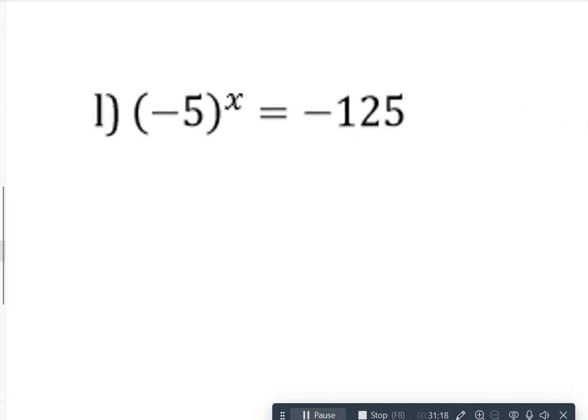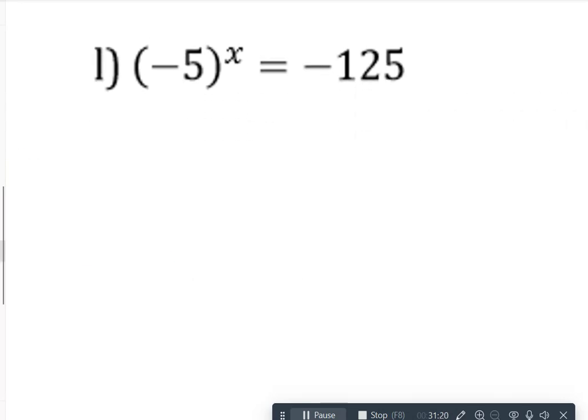Whereas if I'm not squaring it, negative 5 to the, so just 3. Because negative 5 to the 3 is negative 5 times negative 5 times negative 5. 3 negatives will make the result negative. Okay, remember negative exponents make fractions.